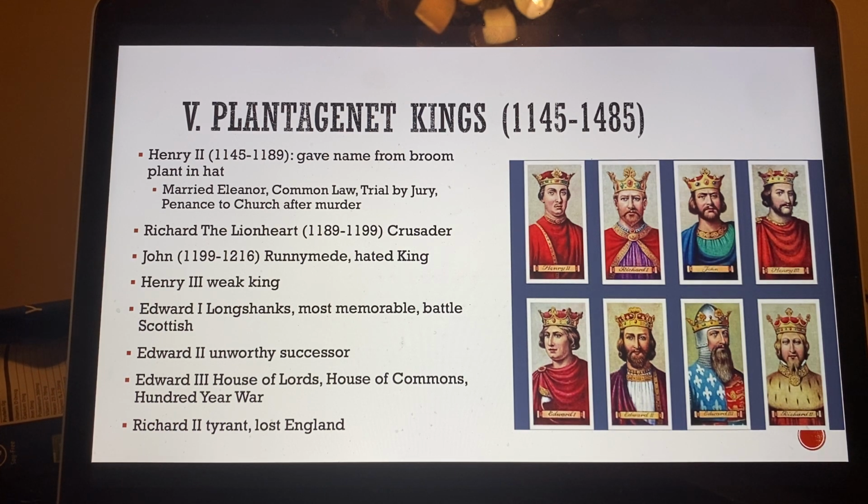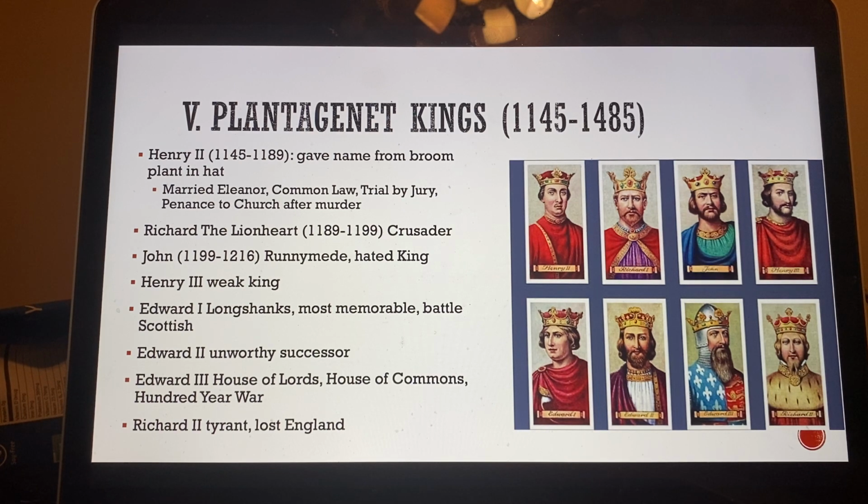1145 to 1485 were the Plantagenet kings. Henry II, 1145 to 1189, gave name from the broom plant in the hat of his grandfather. Remember that? And this guy is the one that married Eleanor. Remember Eleanor of Aquitaine, that beautiful lady? She was married to a French king, and now she marries Henry II, the English king.